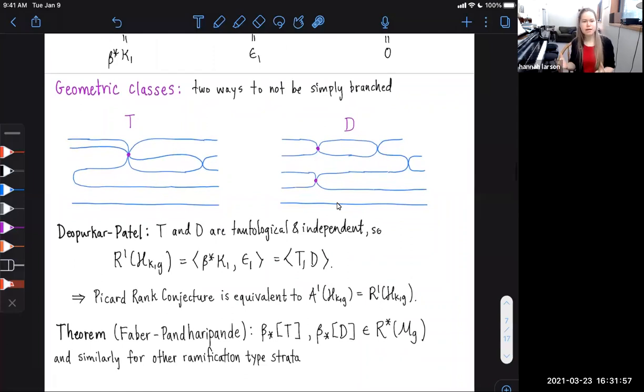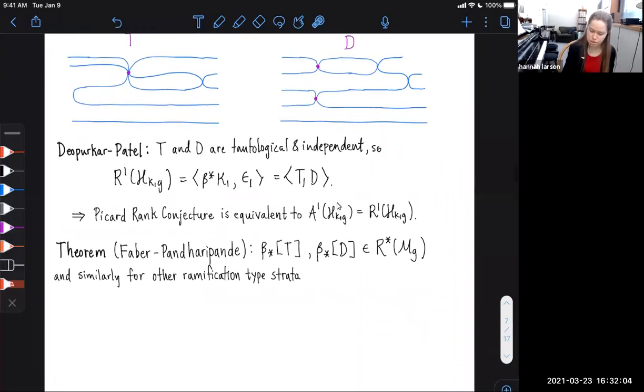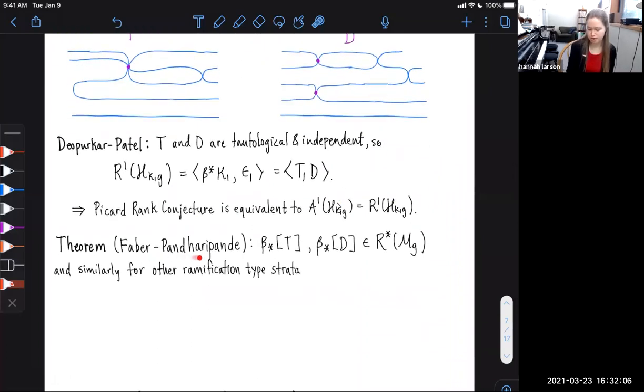Now, this perspective with these geometric classes is useful to us because of a theorem of Faber and Pandharipande, which says that the push forwards of T and D to the moduli space of curves are tautological. And similarly, the push forwards of other ramification type strata are tautological.